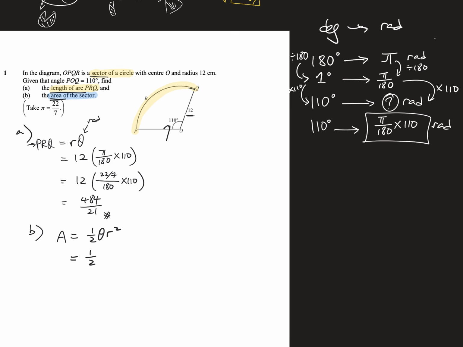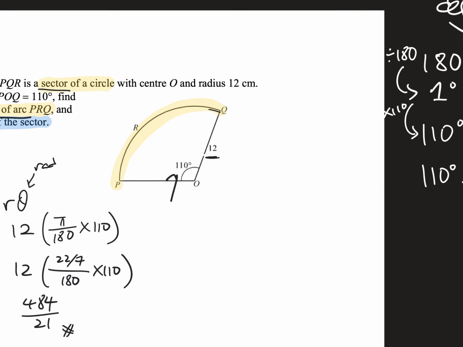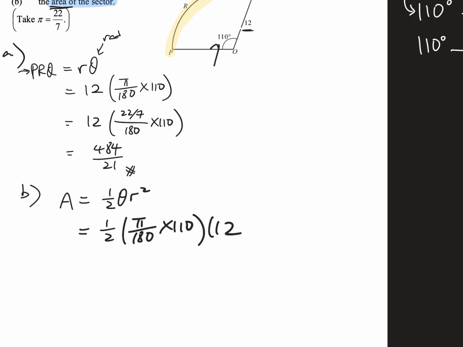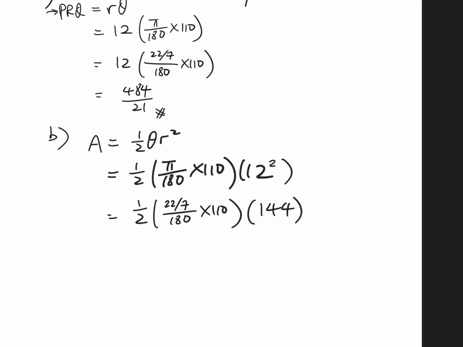So theta is nothing but pi over 180 times 110 radians. R square now is simply 12, my radius, squared. And I remember once again that pi is 22 over 7 as the question requests. And 12 square is 144.